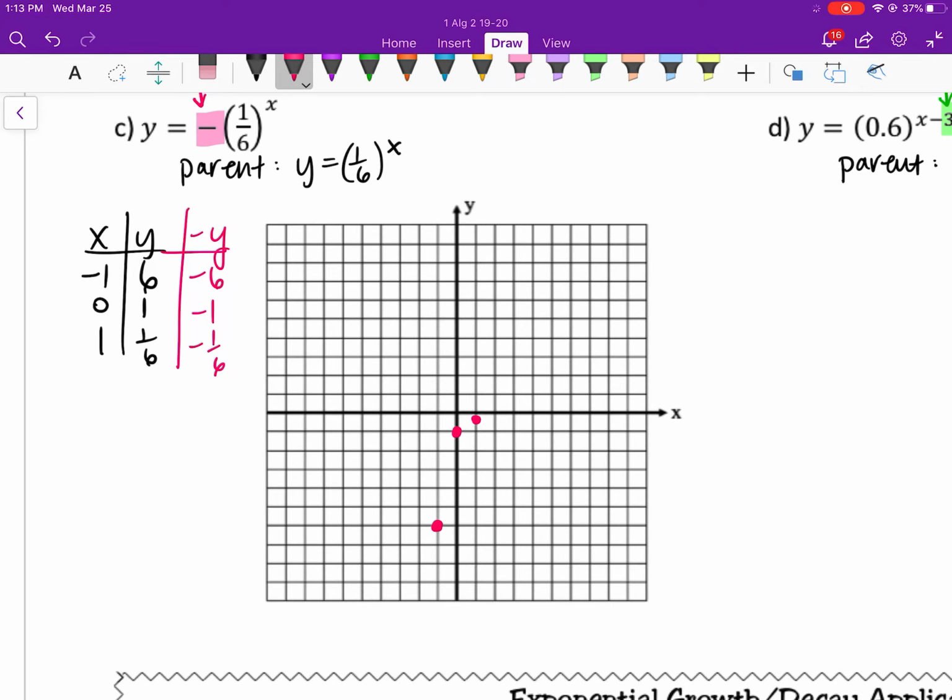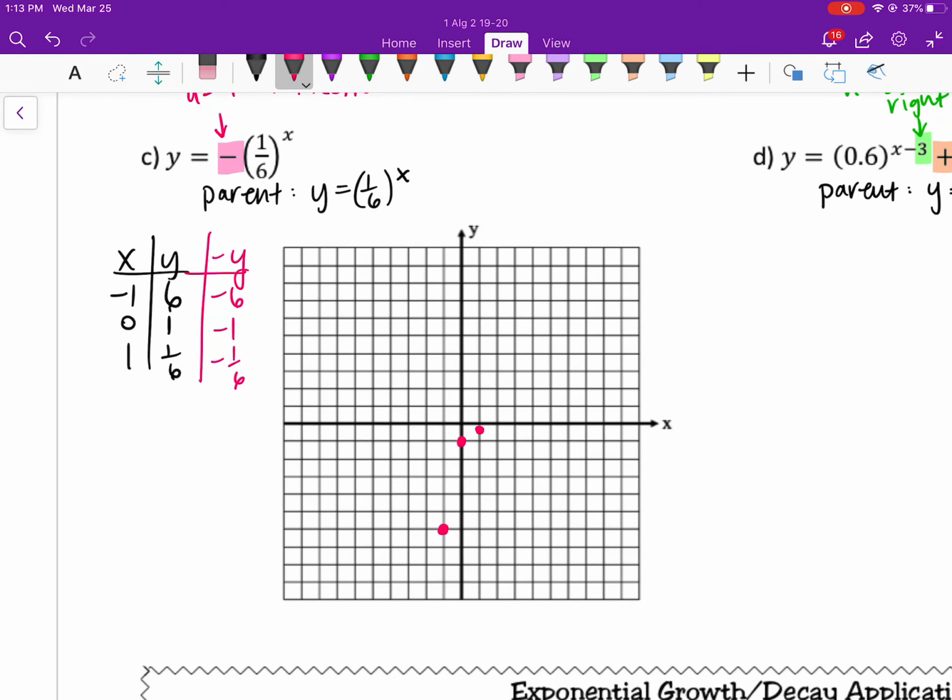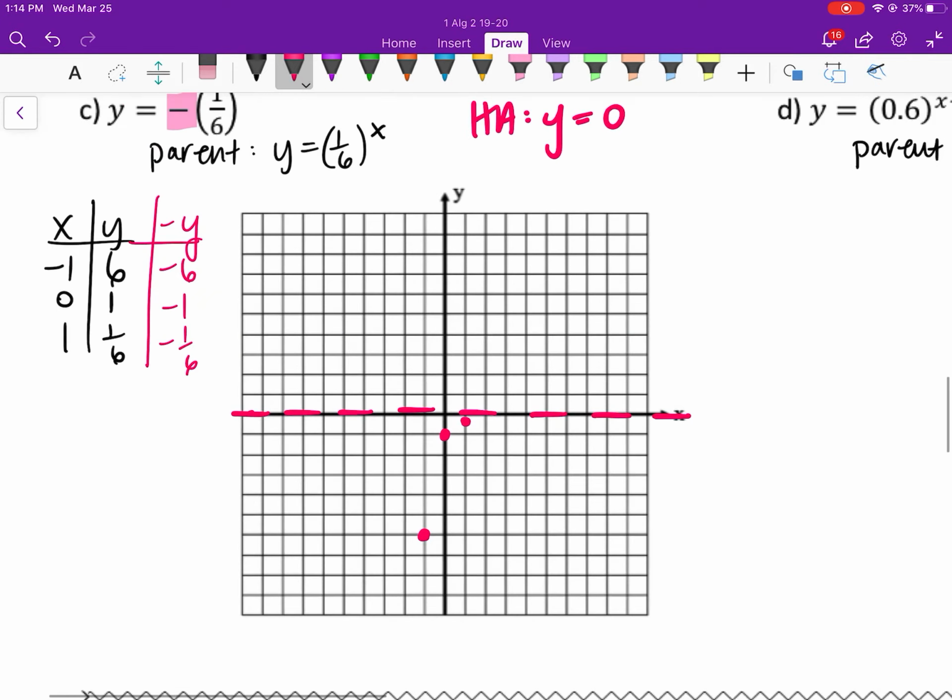Now, this one does look like it's going to be increasing, and it will, but we are leveling off as we go to the right. Because our k value is non-existent, or invisible, so it's 0, our horizontal asymptote is y equals 0, which means we're going to level off as we go to the right.